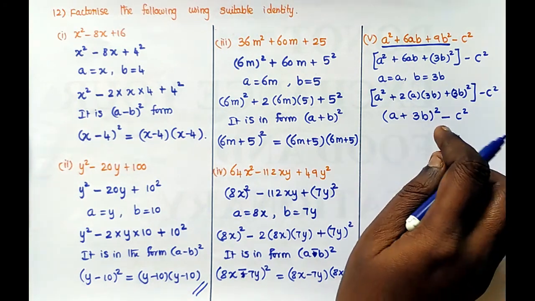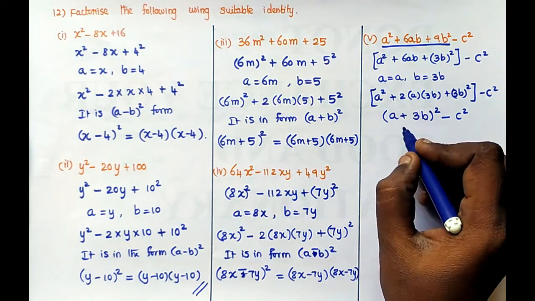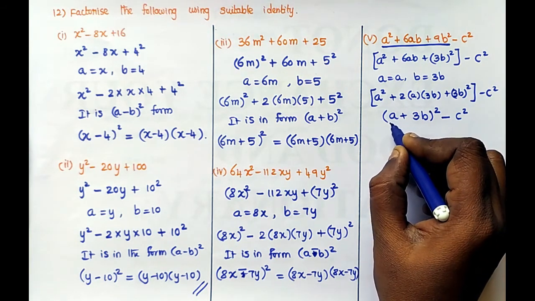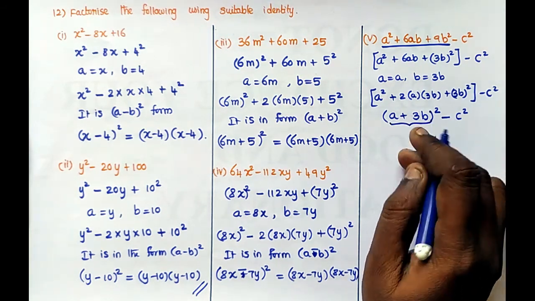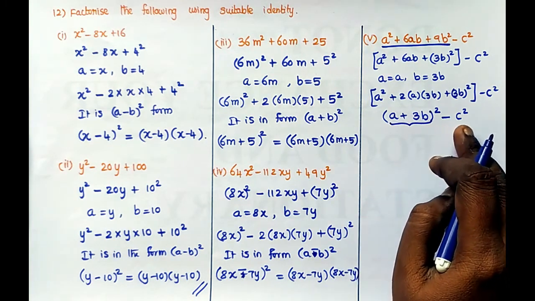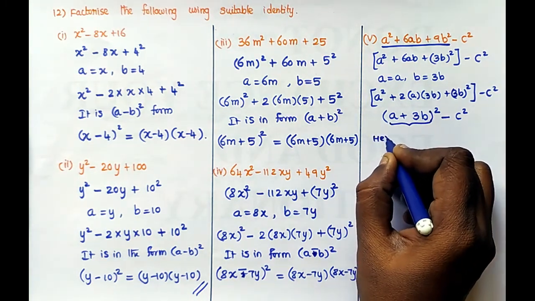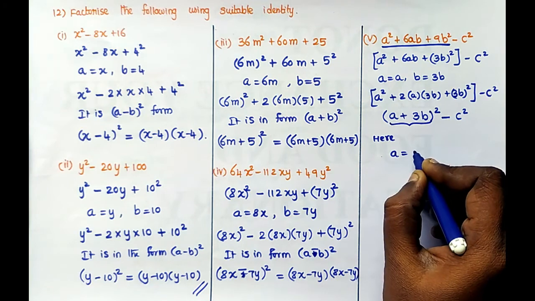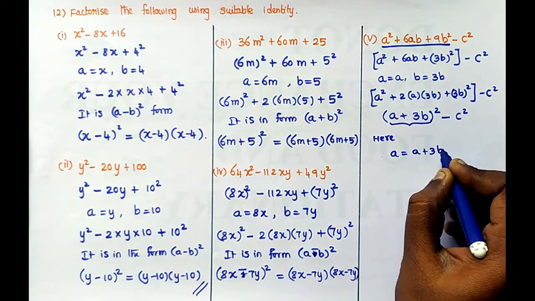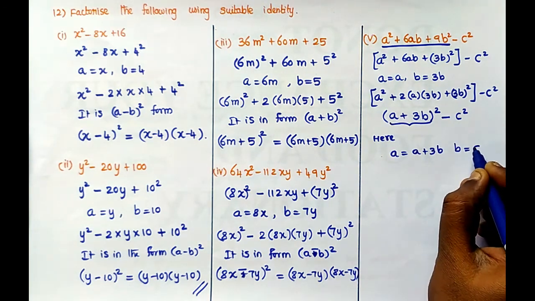Now listen, it is fully taken as a squared minus b squared. Here a equal to a plus 3b and b equal to c.